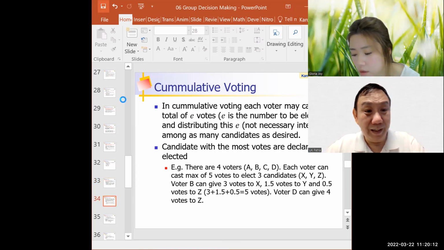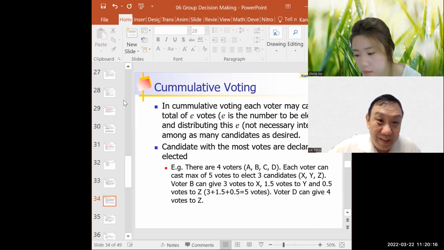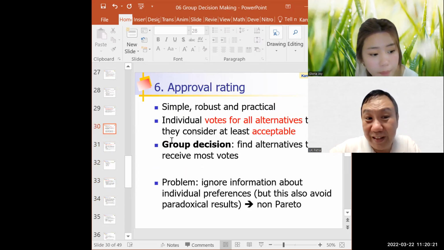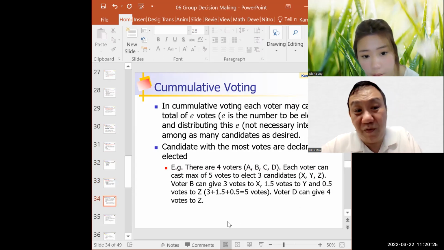The second technique of voting is just the same as the approval rating I mentioned earlier. This is called cumulative voting.